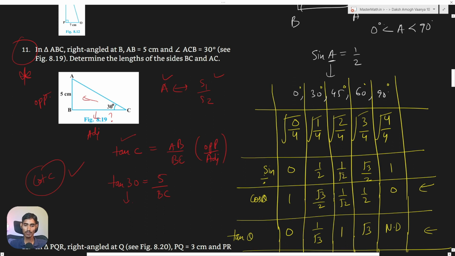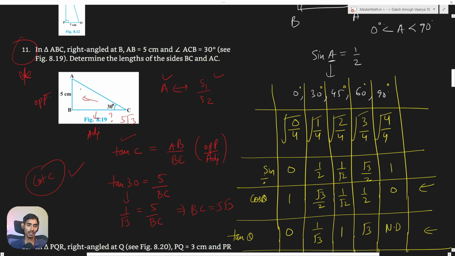So 1 by root 3. 1 by root 3 is the right answer. 1 by root 3 equals 5 by BC. And I can't help you further. BC is 5 root 3. So BC is going to be 5 root 3.